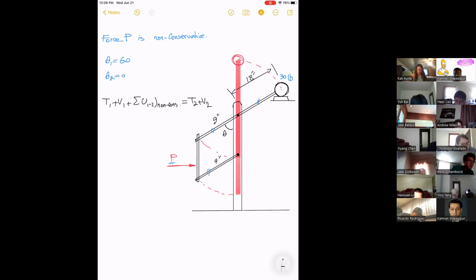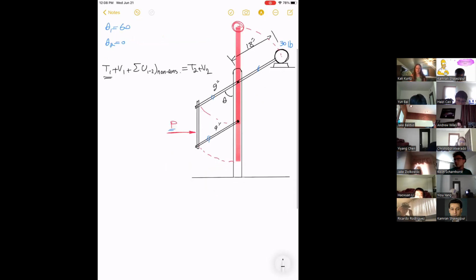The problem says that the ball is initially at rest. I was looking for that to find T1. So if that's the case, T1 is going to be 0.